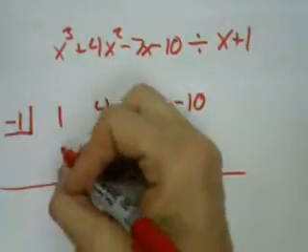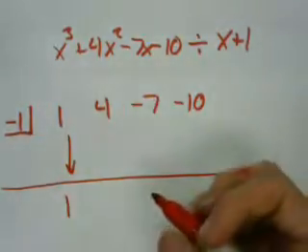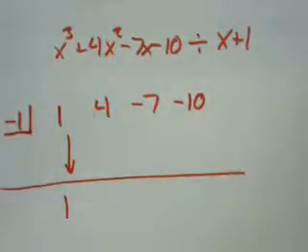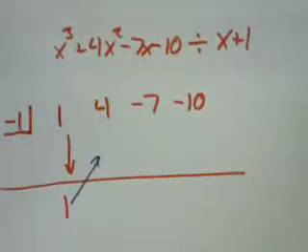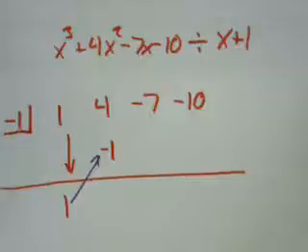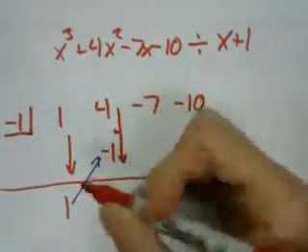Okay, so I'm going to drop the 1, or add it to nothing. Then I multiply by the divisor. So negative 1 times 1 is negative 1. Then we add. So this is add.